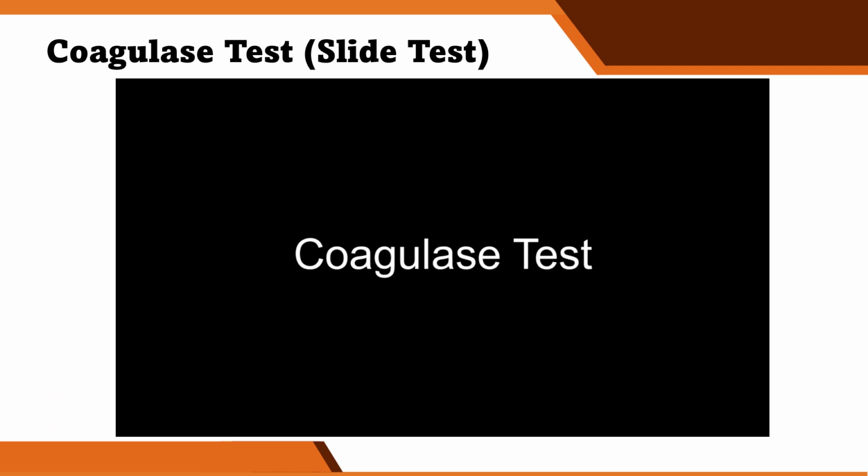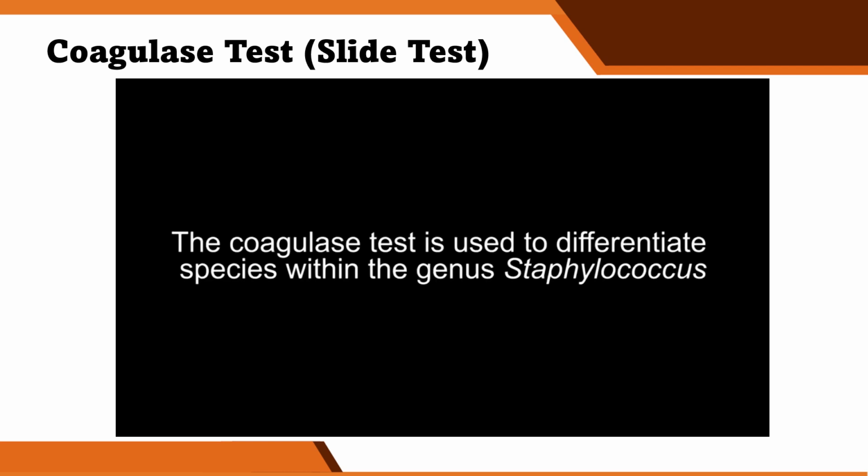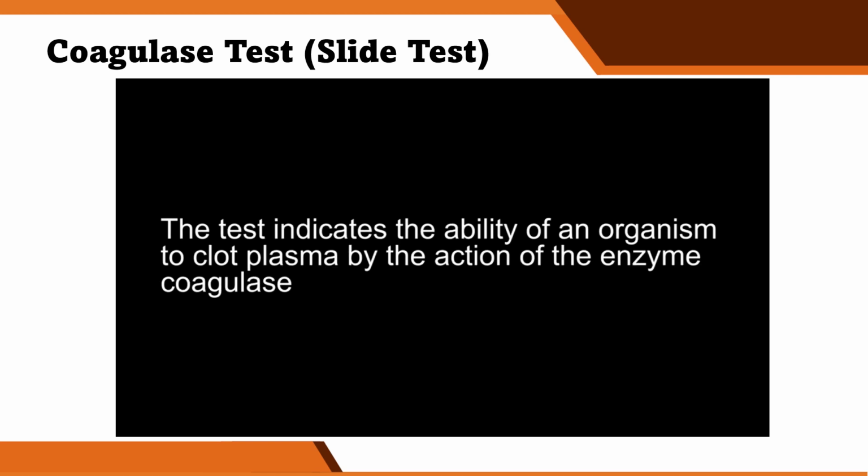So let's watch this one. Coagulase test. The coagulase test is used to differentiate species within the genus Staphylococcus. The test indicates the ability of an organism to clot plasma by the action of the enzyme coagulase.